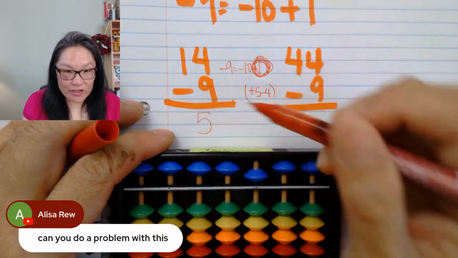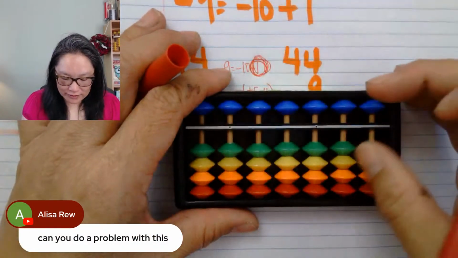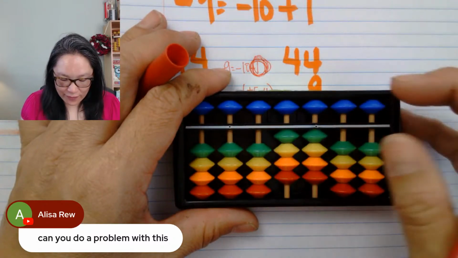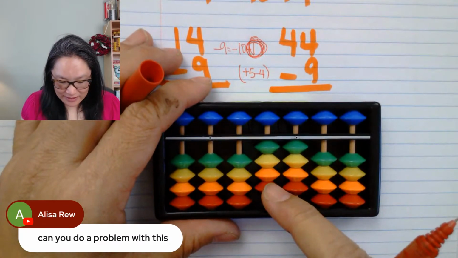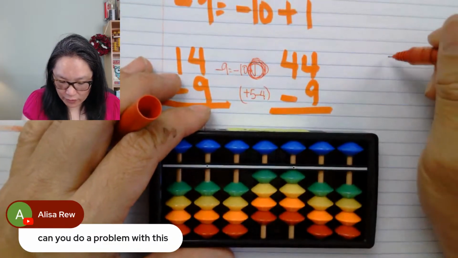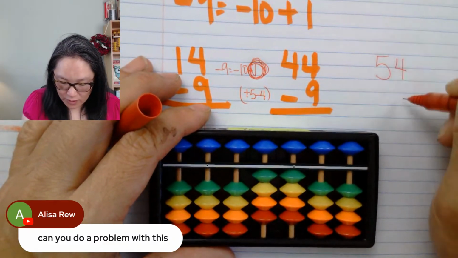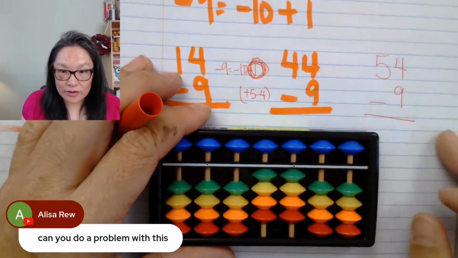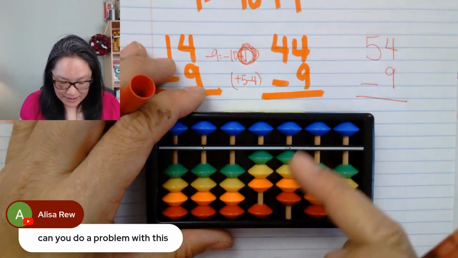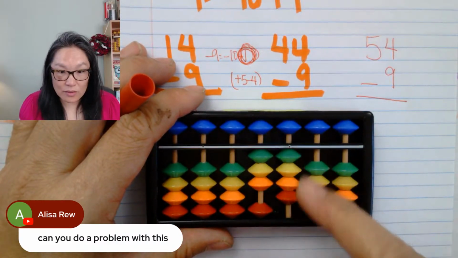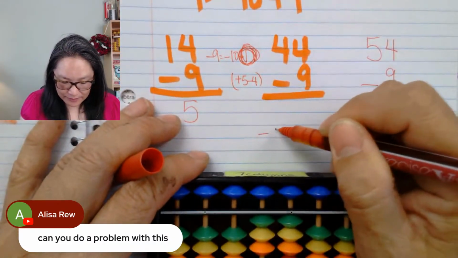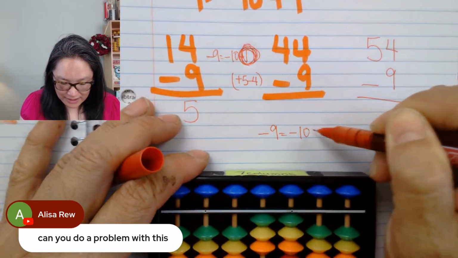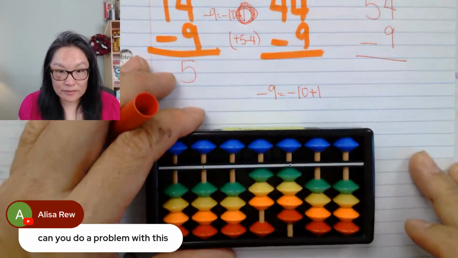Okay, so we can do it again. We have 44. 44 minus the 9. Minus the 9 is minus the 10. Oh, you know what? 54. We can do 54. We'll do that one next. Minus the 9 equals minus the 10 plus the 1.